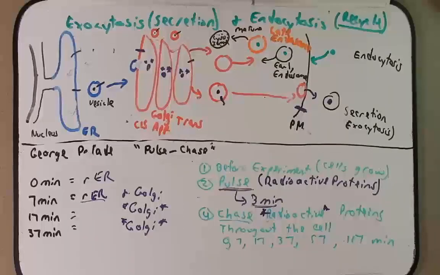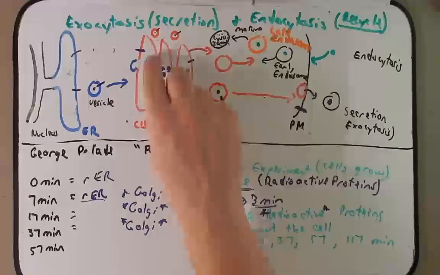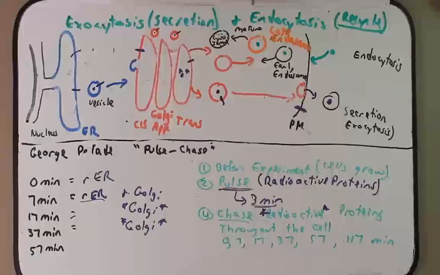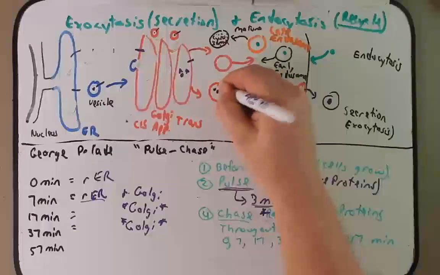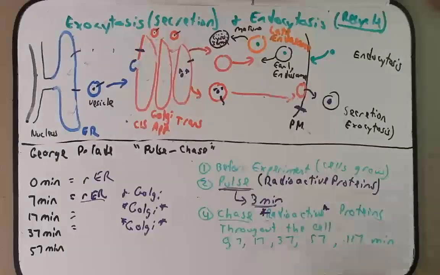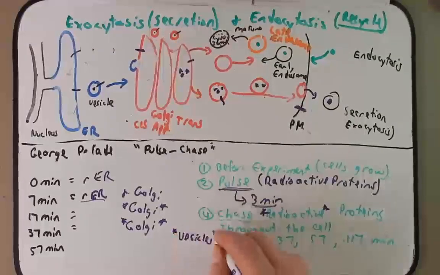Now, as time went on a little bit more, say at 57 minutes, they saw fewer and fewer proteins in the Golgi, but started to see more and more of this radioactive protein in these transport vesicles as they're moving towards the plasma membrane. So vesicles at 57 minutes are now radioactively labeled.